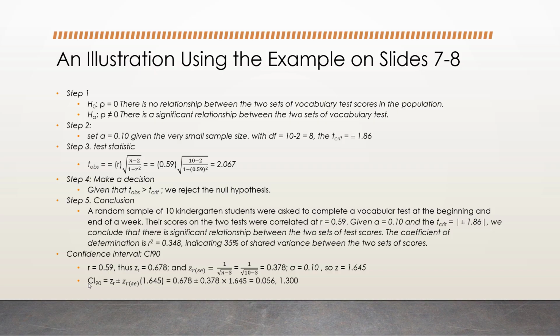So the confidence interval is 0.678 plus or minus 0.378 times 1.645. The range is from 0.056 to 1.3 in Z-scores. Converting the Z-scores back to R values gives an interval from 0.051 to 0.86.